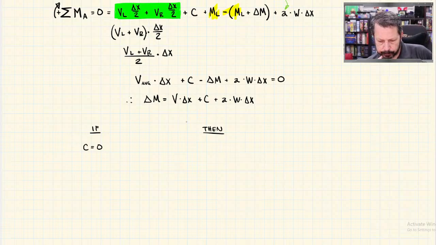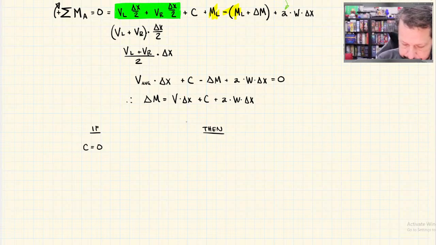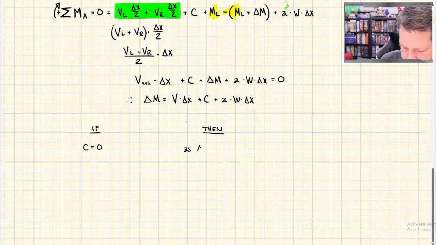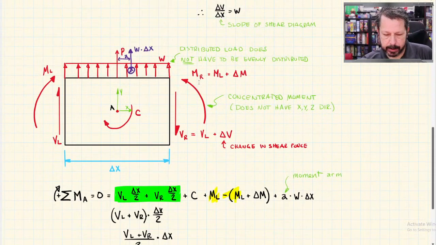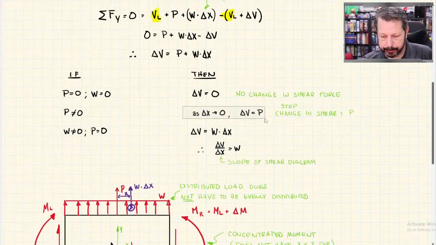I'm trying to think of the best way to say this. So as delta x goes to 0, this is not quite the same as what we had here. Oh, well, no, what we had here, right?